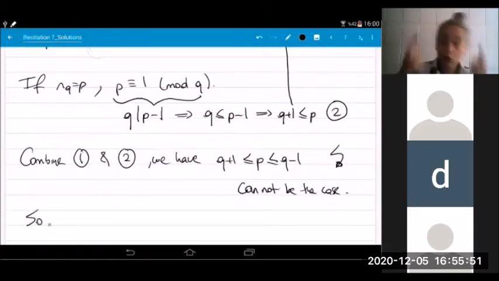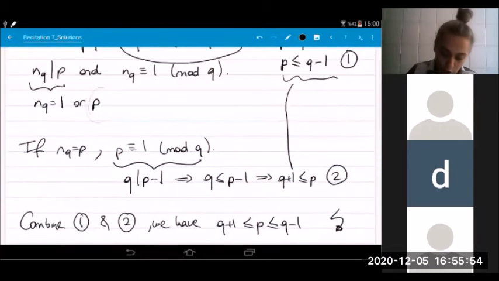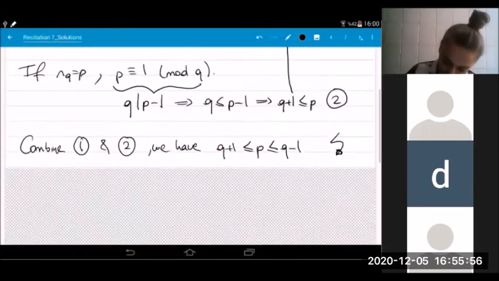So we have only one possibility for N_Q, which is equal to 1.